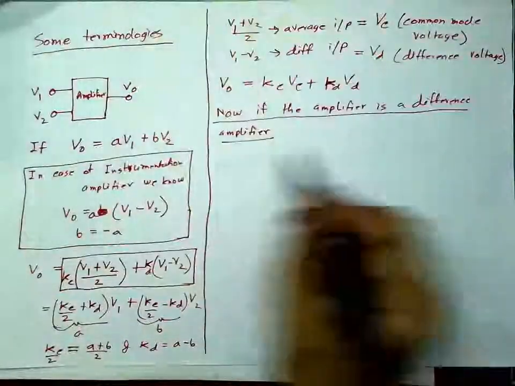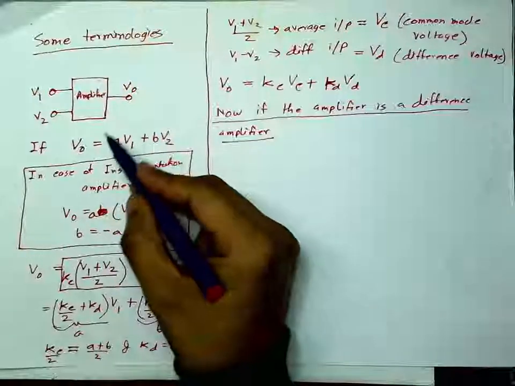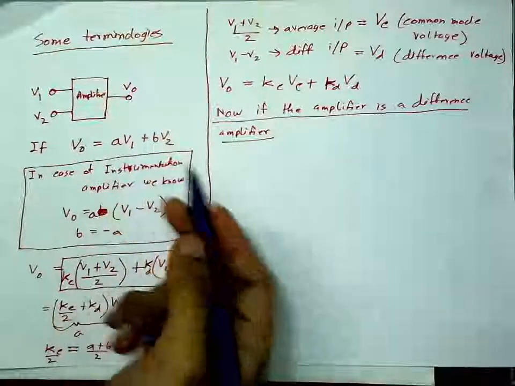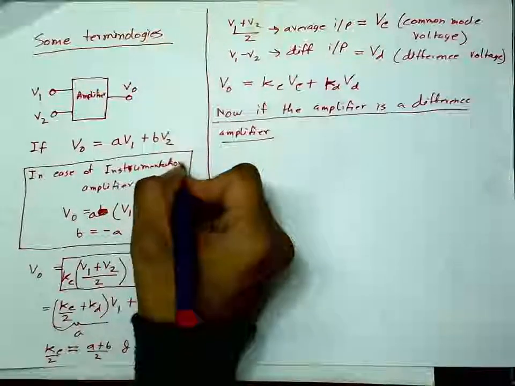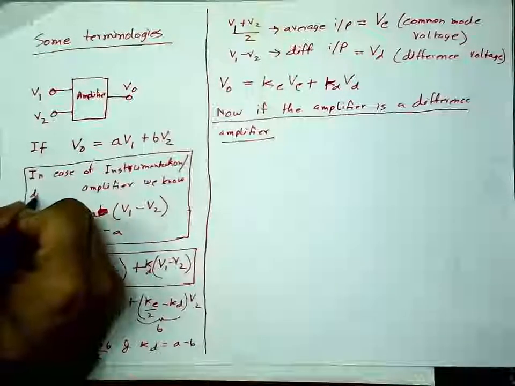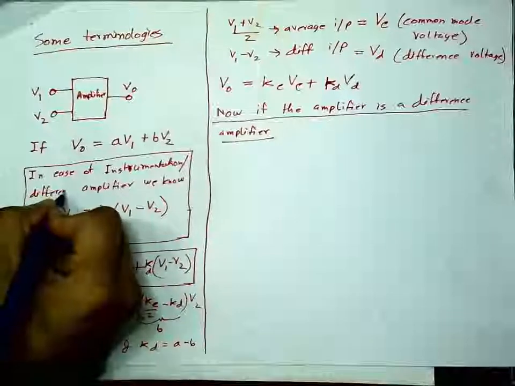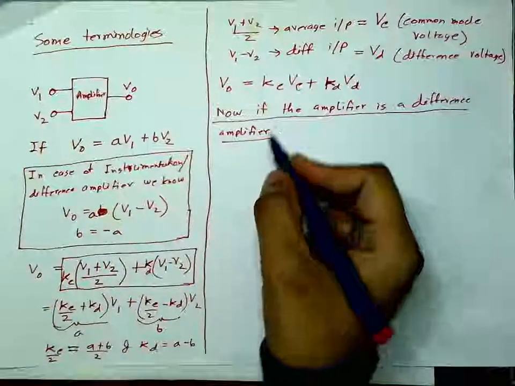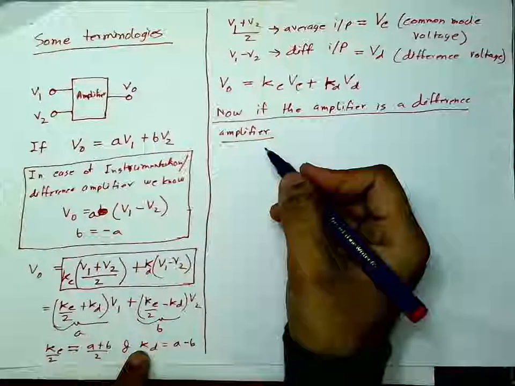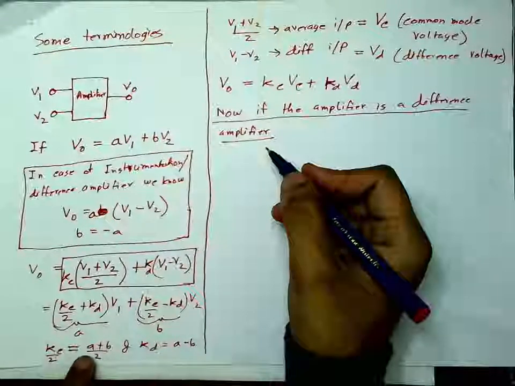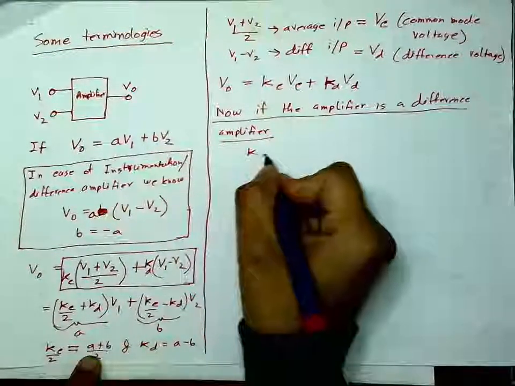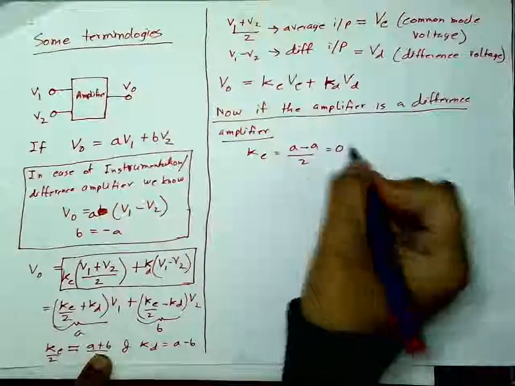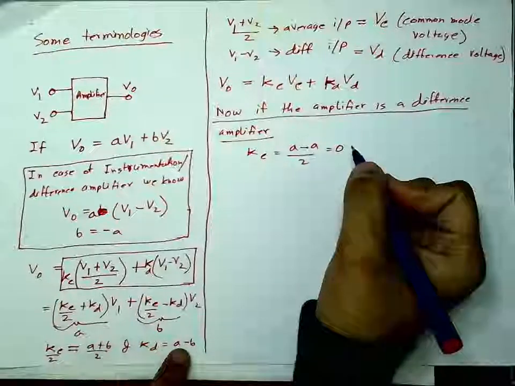And in this case, we also have said that if it is an instrumentation amplifier or a difference amplifier, ideally, then B should be minus A. And if so, here you see B is minus A means Kc is A minus A by 2, which will be 0, and this will be non-zero.